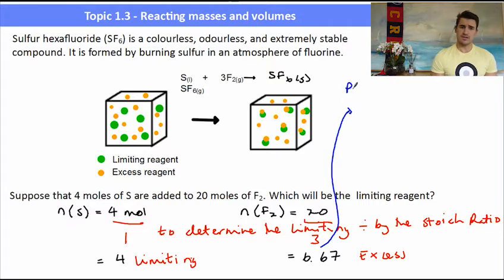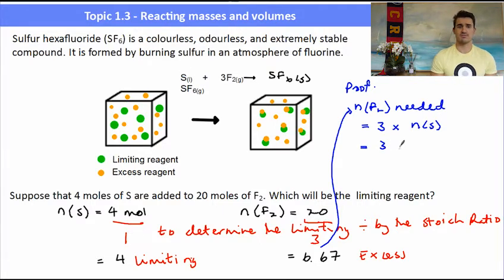And I can prove that fluorine is the excess by doing another little calculation. So the number of moles of fluorine needed is equal to, alright, fluorine's the thing that we want. We want to know how much of that we need to react with the sulfur. So it's 3/1 times the number of moles of sulfur, because we need 3 times as much.